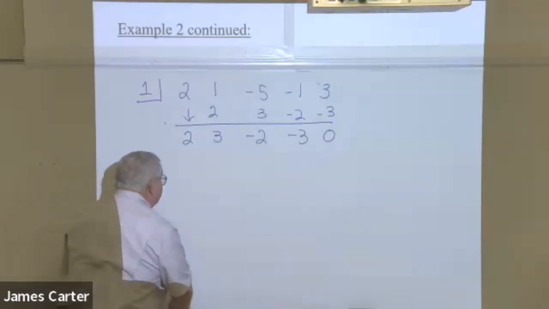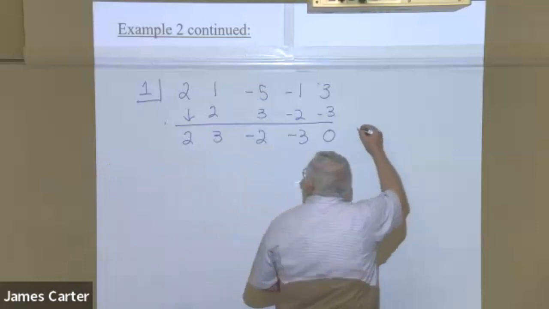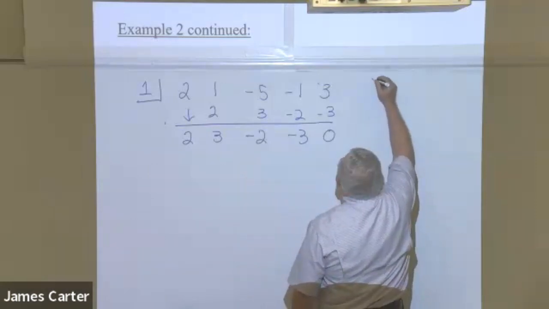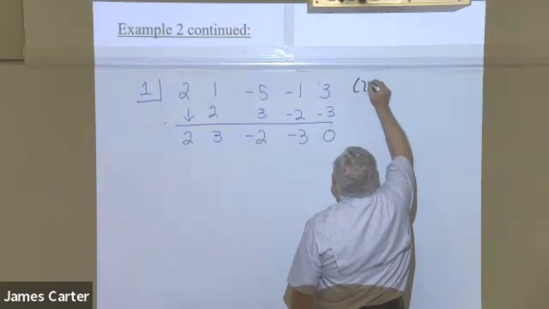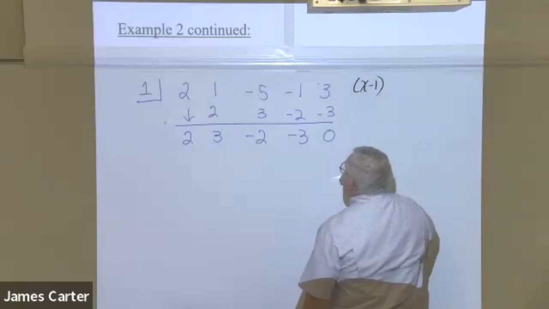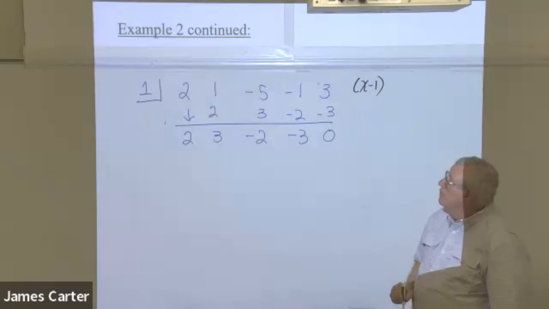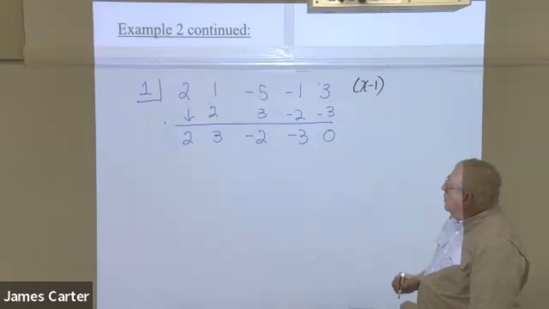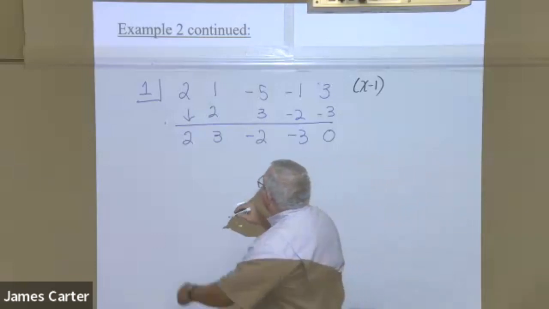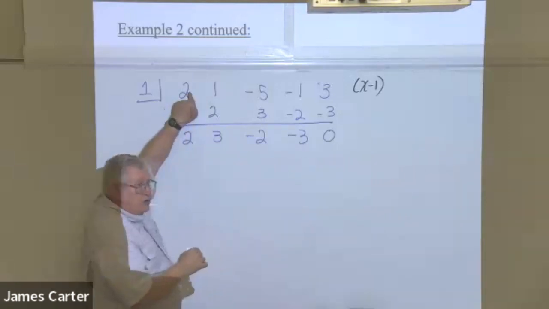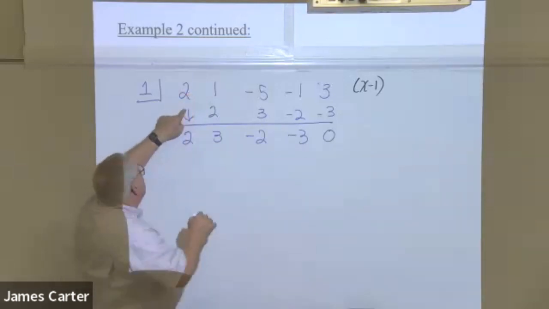So we now have x minus 1 as one of our factors from that original equation. I probably ought to write the original problem up here somewhere. What was the power on this one before? Fourth.